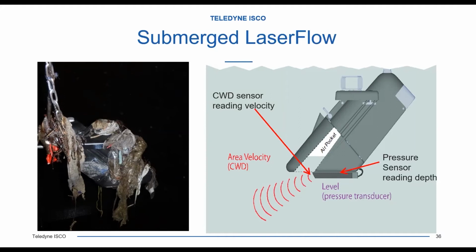But again, the diagnostics that you look at will tell you if you need to do anything to this sensor at all. Once it does go underwater, though, we have a continuous wave Doppler sensor on the bottom. This has two sensors: a pressure sensor on the bottom to read the depth of surcharge, and a continuous wave Doppler velocity sensor in the nose.